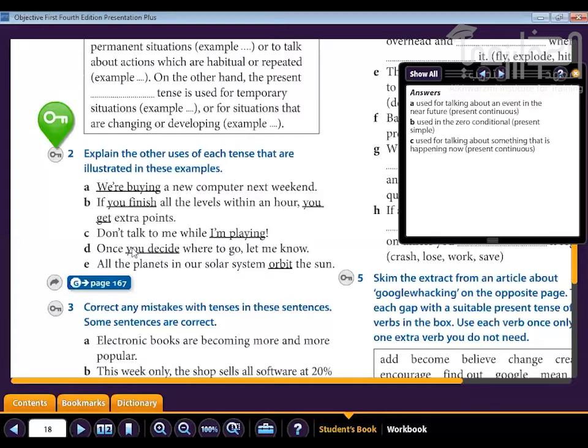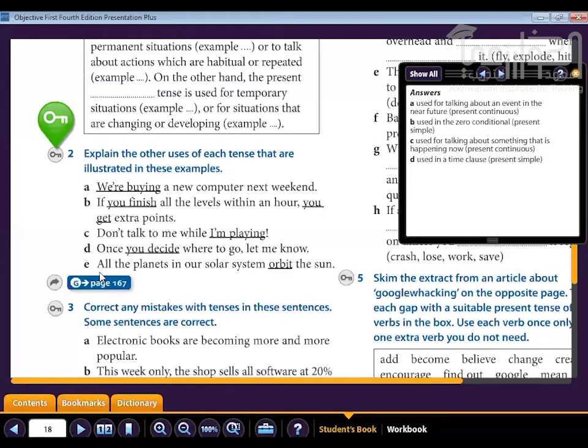We can also say as soon as you decide. And all of these are known as time clauses. When you see as soon as, when you see once, actually we are talking about what will happen. The person will decide in the future, but we use the present simple for them. So this is a time clause, present simple.